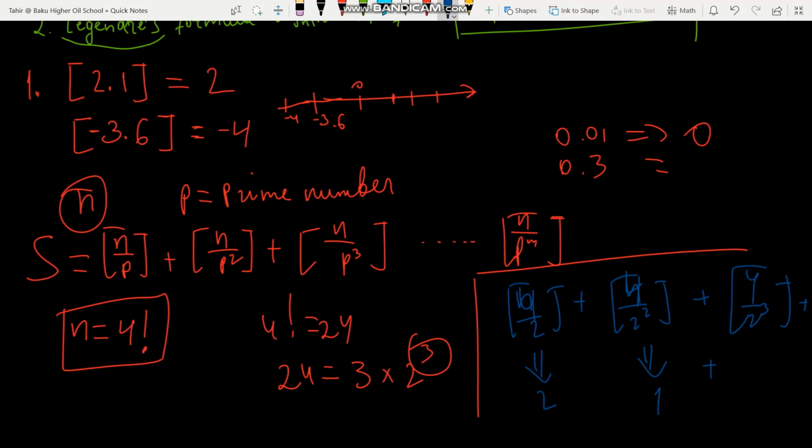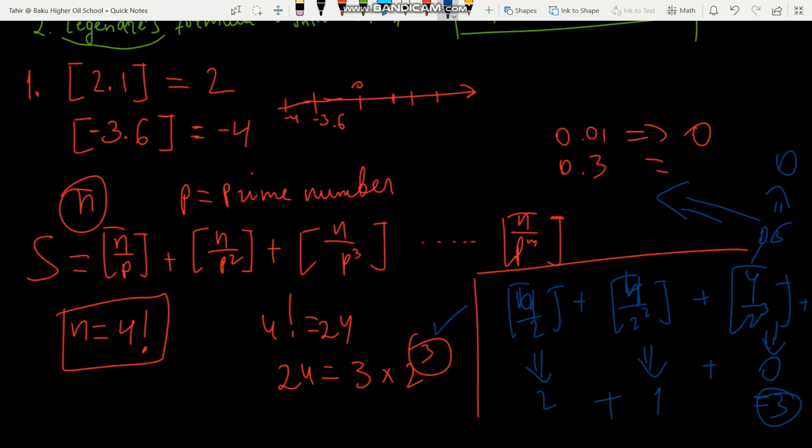Plus 4 divided by 8 is 0.5, and when we use the greatest integer function, this will be 0, and the other terms will also be 0. Therefore, we didn't write them. And the sum of them will be equal to 3. This means that our formula is correct.